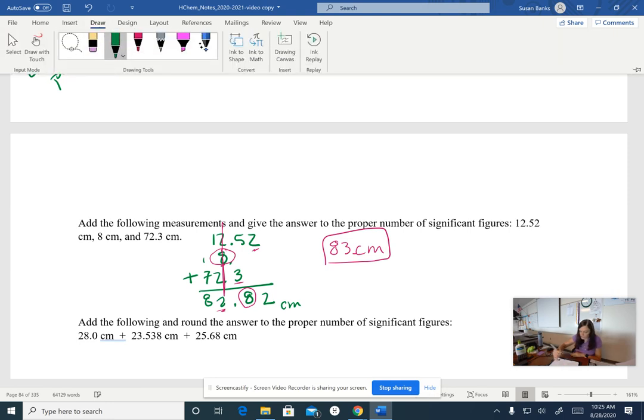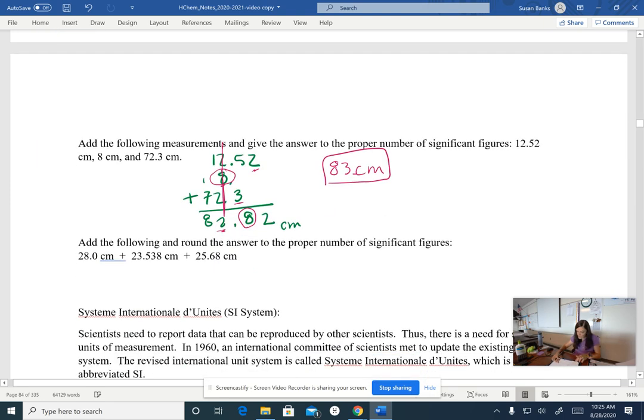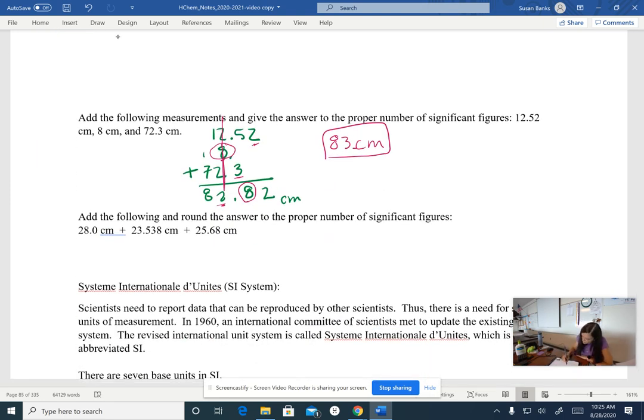Let's do another practice. Okay, so if I do this next one, I've got 28.0 centimeters. I've got 23.538 centimeters. And I've got 25.68 centimeters.